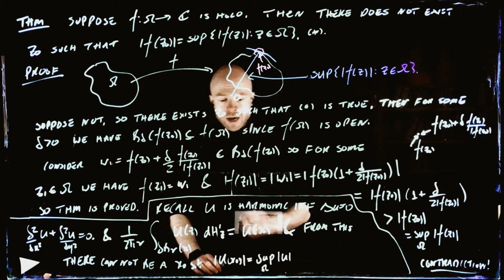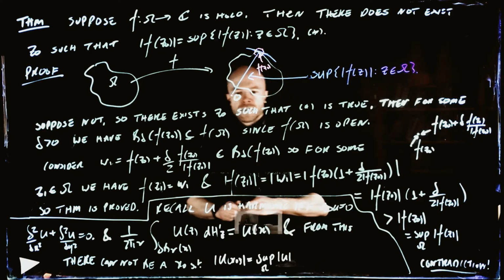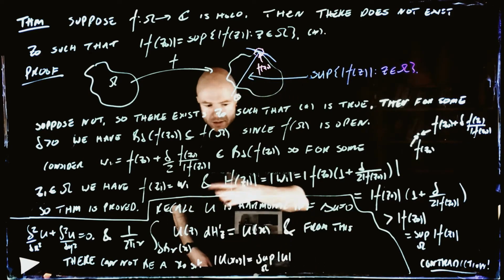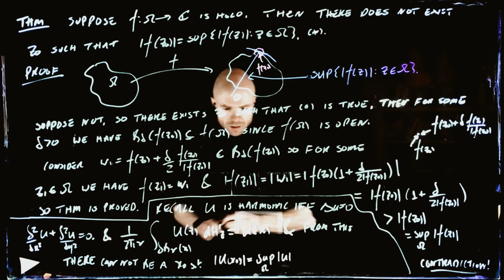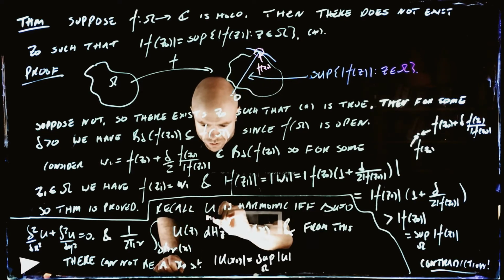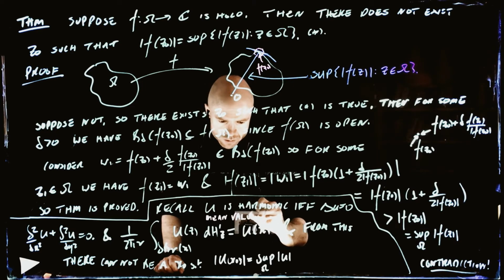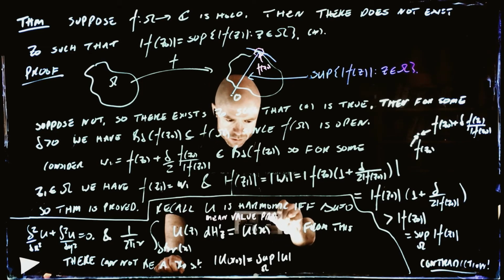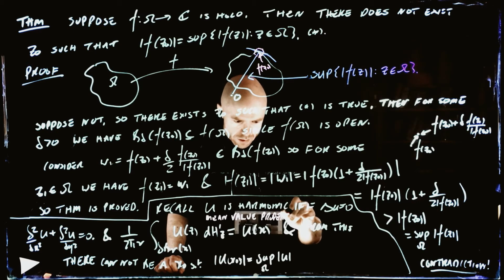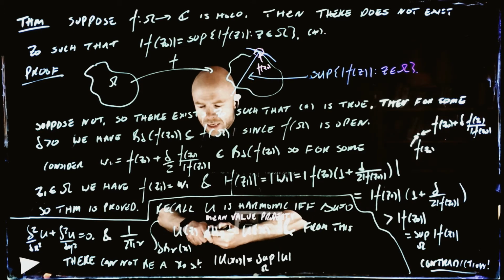Okay, so tell me why you believe that. Why from this thing here, the mean value property proper, do we have the same thing?